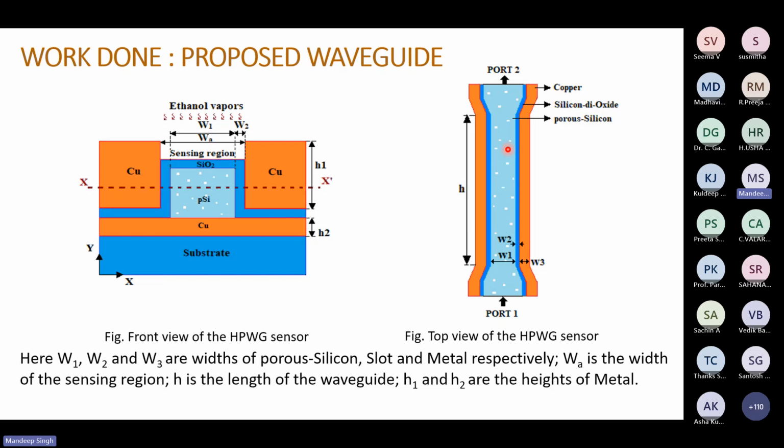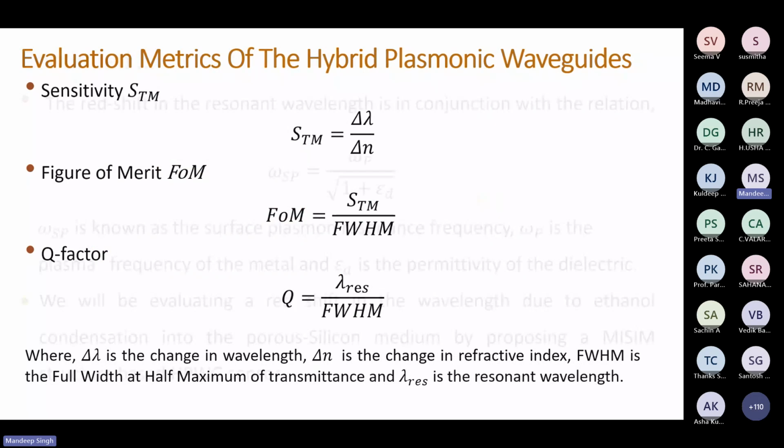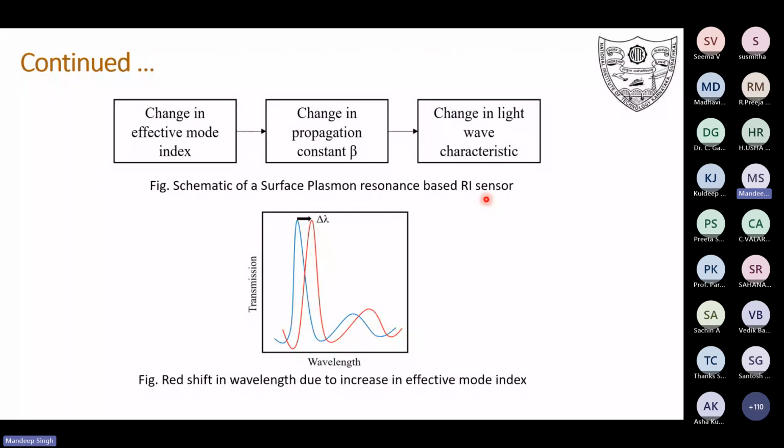This type of waveguide you will get for this hybrid plasmonic structure. With this porous structure, the ethanol vapor can easily condense and go towards the dielectric modes and affect the dominant modes, and we can see what the shift in the transmission is.